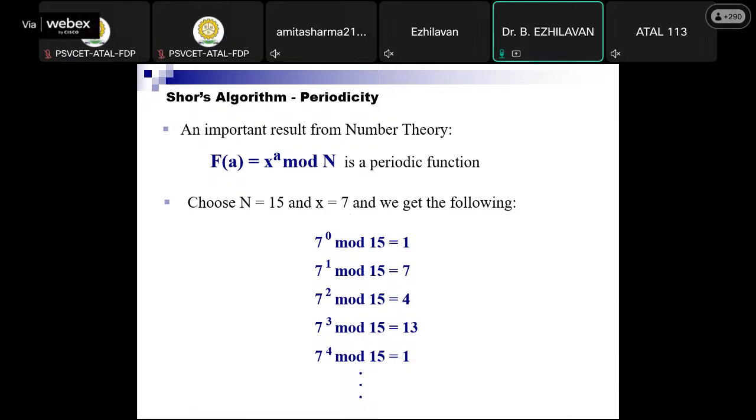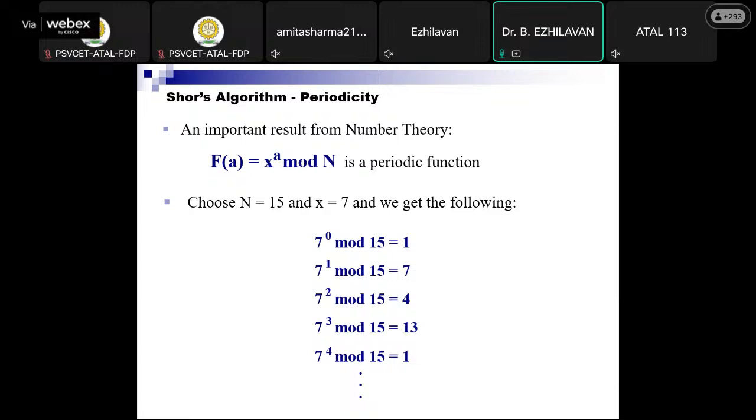What we will take first is f(a) equal to x power a. X power a means 7 power 0, 7 power 1, 7 power 2, 3, 4, 5, like that we will go. Modulus of what? N, so 15, 15, 15. 7 power 0 is 1. Then 7 power 1 is 7.